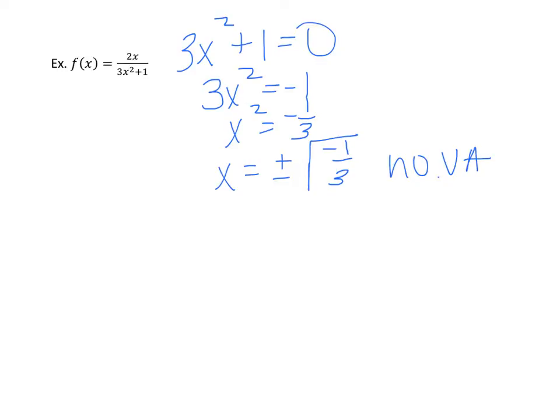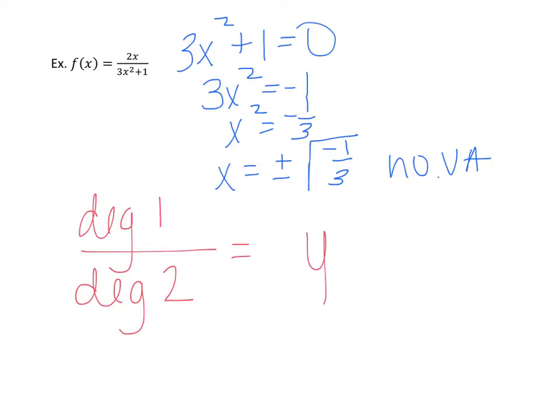Why? Because taking the square root of a negative is an imaginary number. Now if I look at my horizontal asymptotes, then I'm looking at my degrees. Degree of 1 on top, degree of 2 on bottom, which means I have a horizontal asymptote of y equals 0 when the top is less than the bottom.